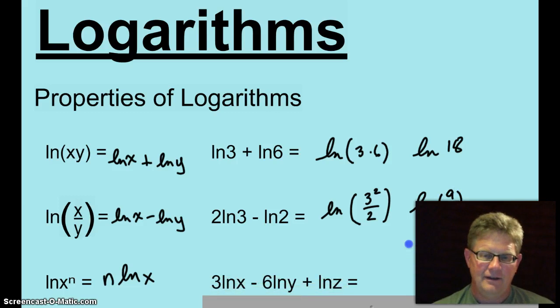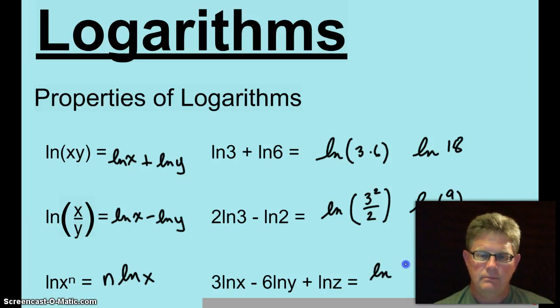Alright, and let's really ramp it up a notch here. 3 ln of x minus 6 ln of y plus ln of z. So we can take this coefficient, move it up as an exponent. That would be the ln of x cubed. We want to write this as one natural log.